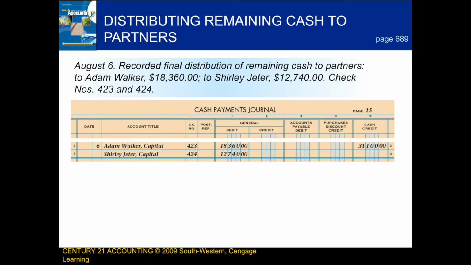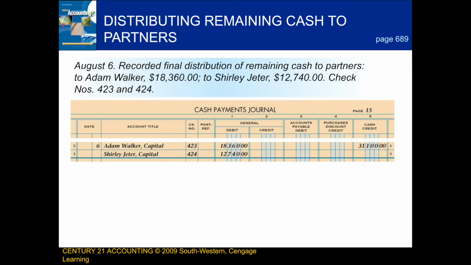Then we write the second partner's capital account, which is Shirley Jeter Capital, in the account title column. After that, we write the second check number, which is 424, in the check number column.